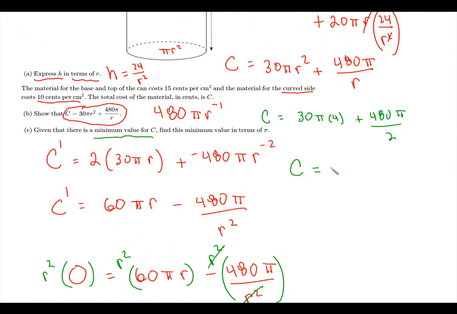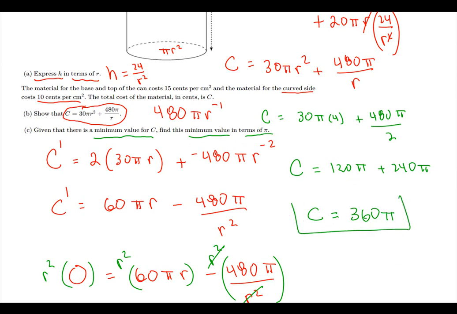So C equals 120 pi plus 240 pi, which is 360 pi. They wanted the minimum value in terms of pi, so you can just keep the pi in the answer and you don't need to give a decimal.